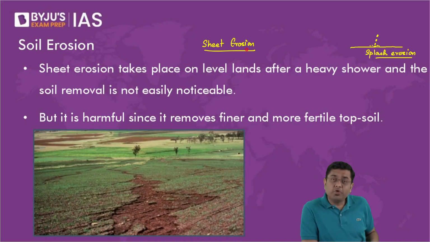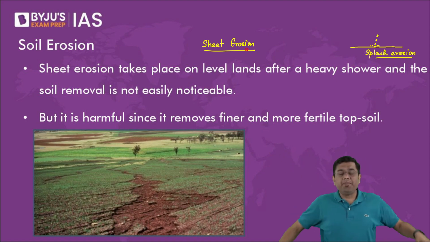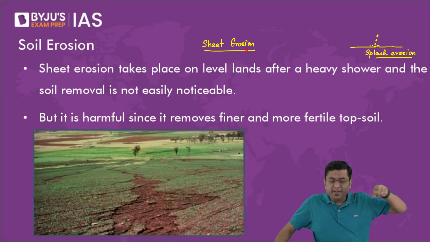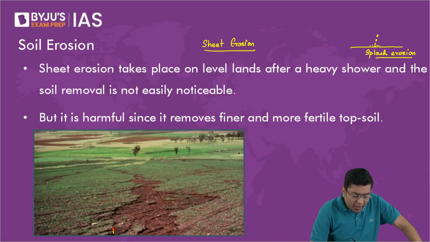So sheet erosion is what? Sheet means something which is very thin. Sometimes you would observe that if there is rainfall in a particular area, water tends to flow in certain small channels. There they will start to remove the top layer of the soil. Observe here, the soil in this particular area has been moved out.